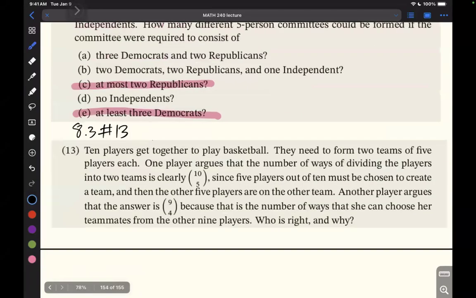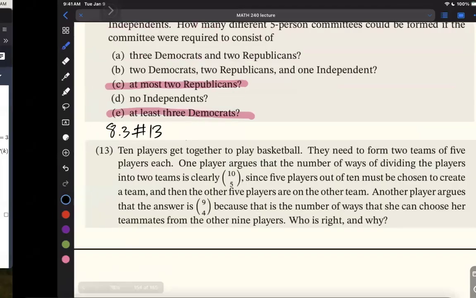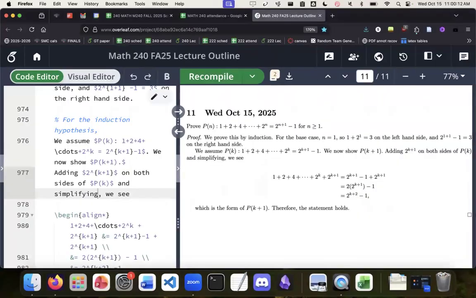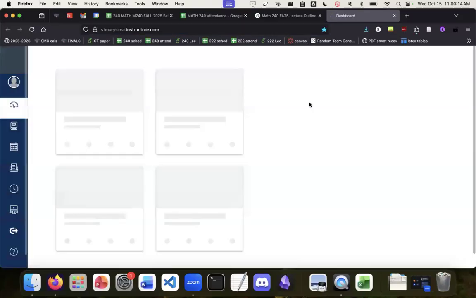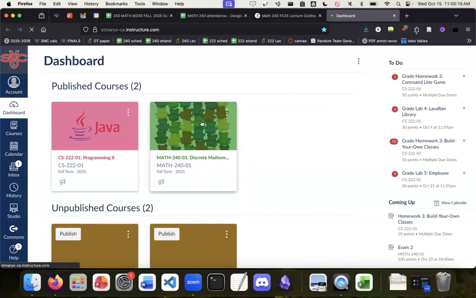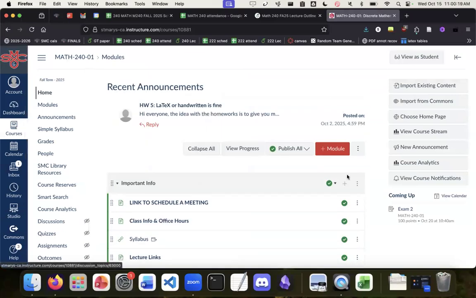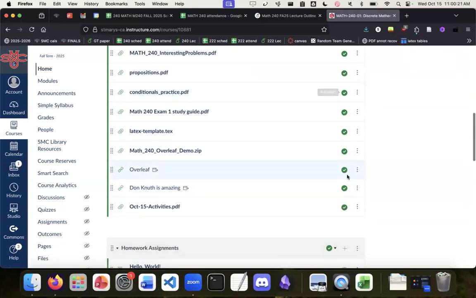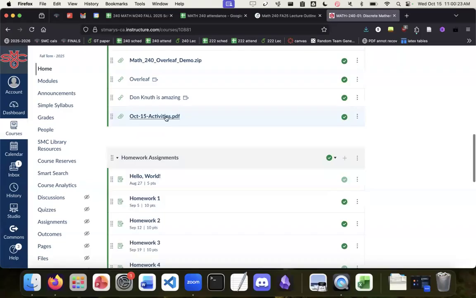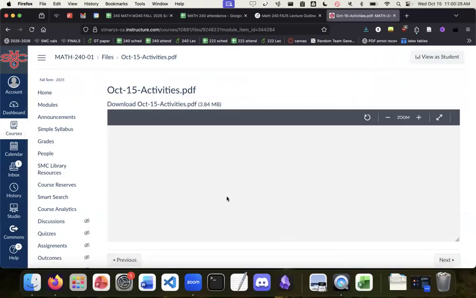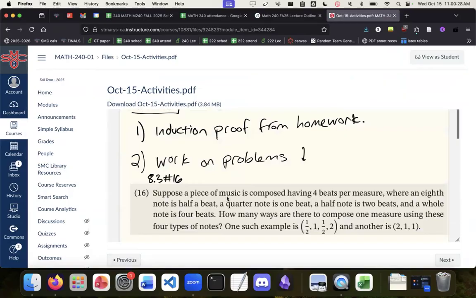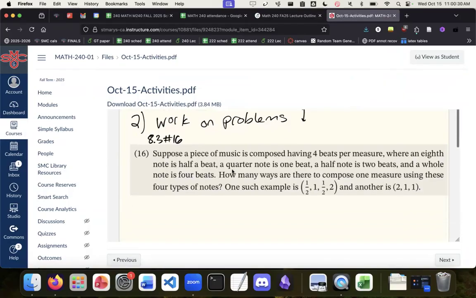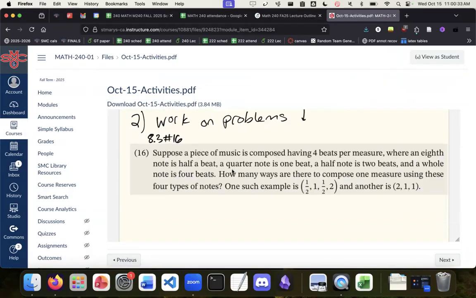And then the basketball question. So on Canvas, I have October 15th activities, and that's just the pages from that. So you can pull that up. I'll also show them up on the screen. And so I'll stop recording and we'll split into groups, and that'll be our day.